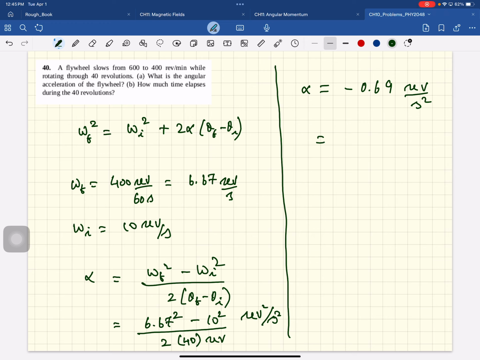Okay, and if you want to convert it into radians per second square, just multiply that by 2 pi. 1 revolution is 2 pi radians. So minus 4.36 radians per second square.